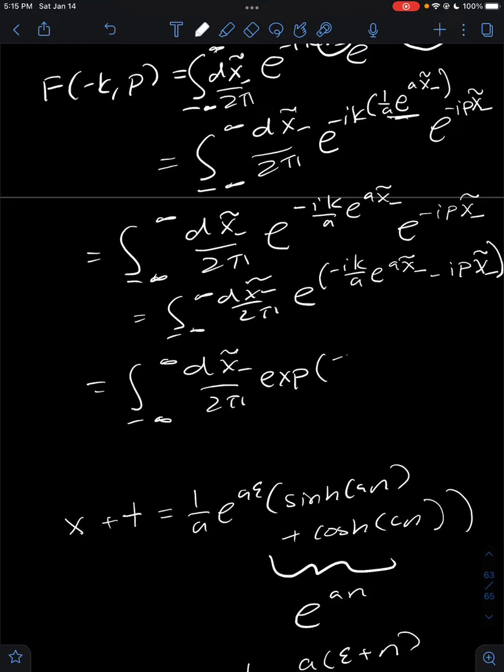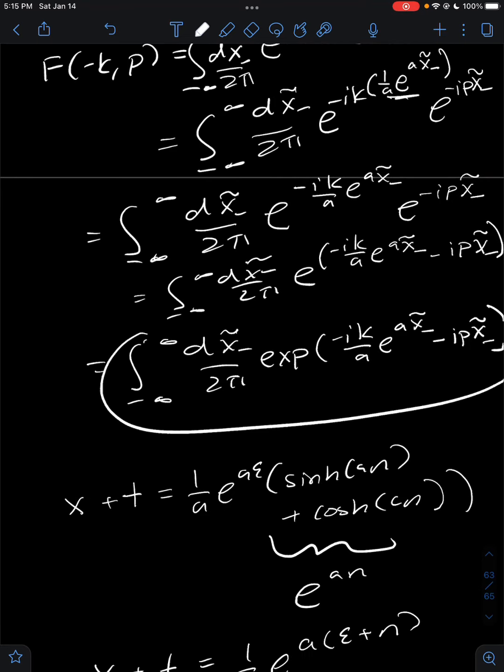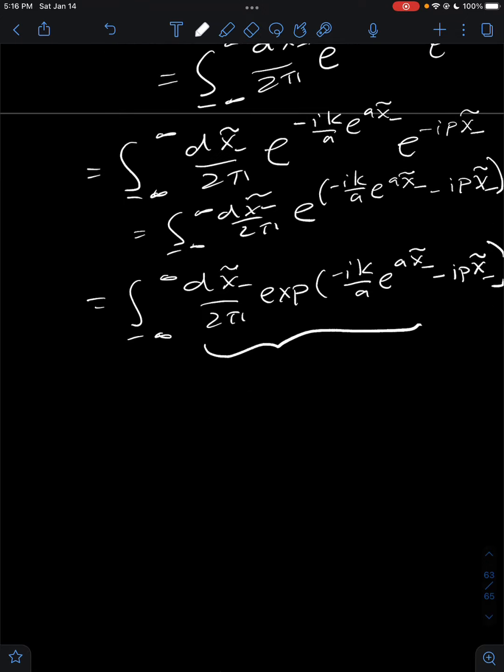So exp of minus i k over a e to the a x tilde minus, and then minus i p x tilde minus. So this is our answer for what f of minus kp is. So we want to calculate this integral. There is actually a way to sort of go around that. We can actually get our answer without solving the integral.